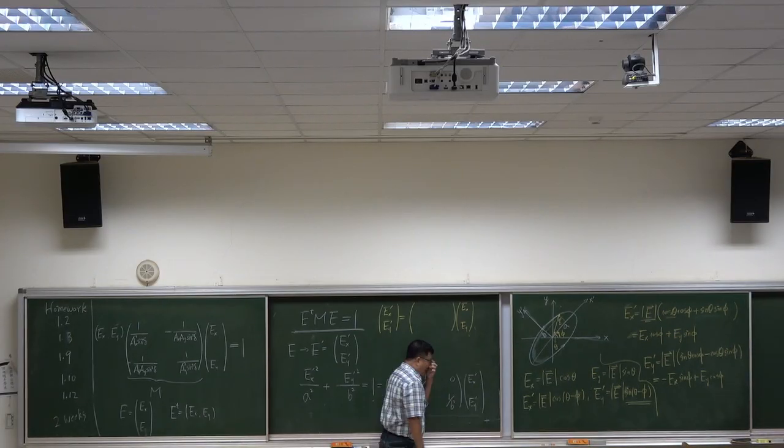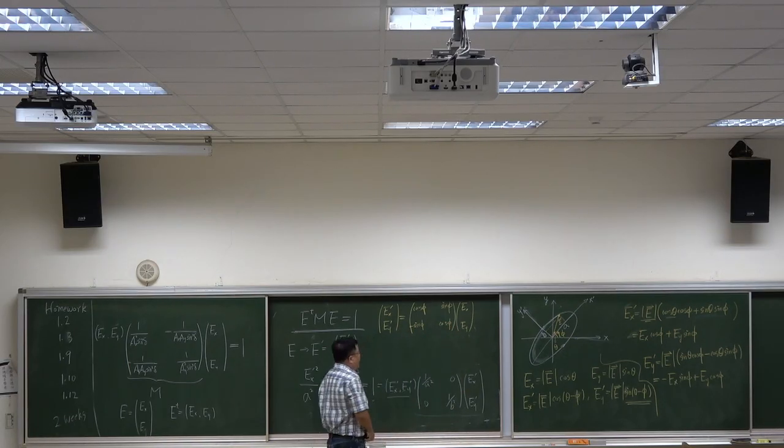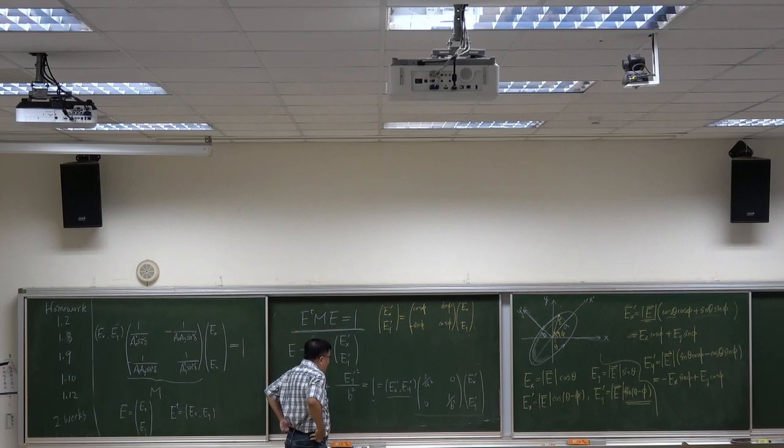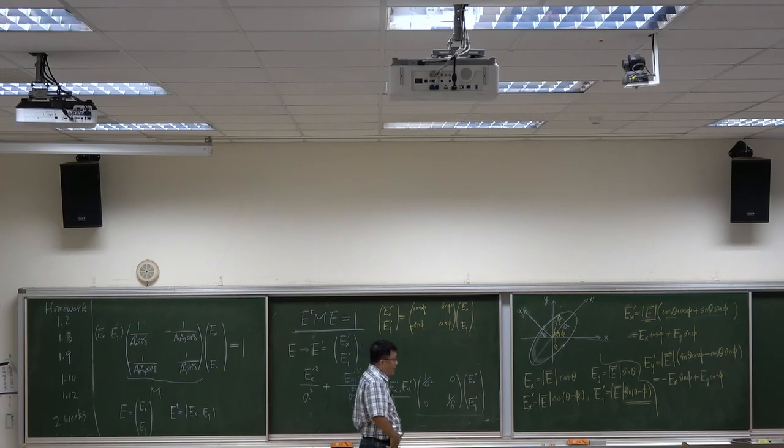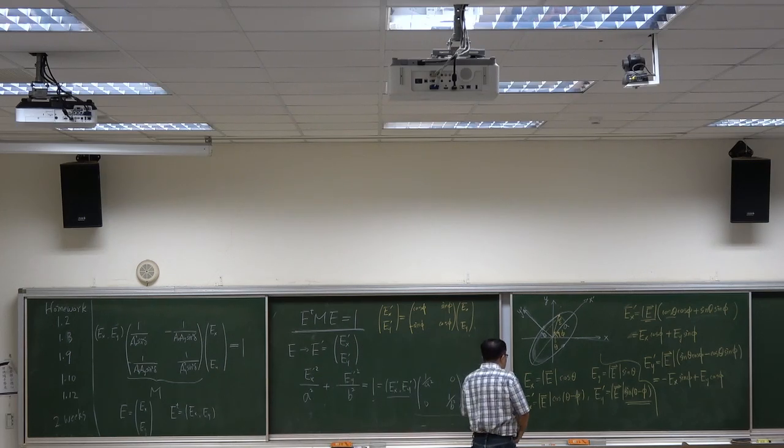Here we have cosine phi, sine phi, minus sine phi, cosine phi. Okay. You may have already learned this relation in your high school mathematics, which is called coordinate transformation.